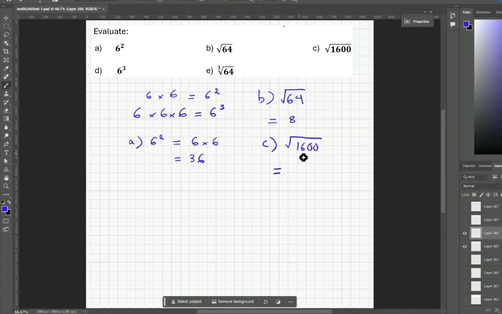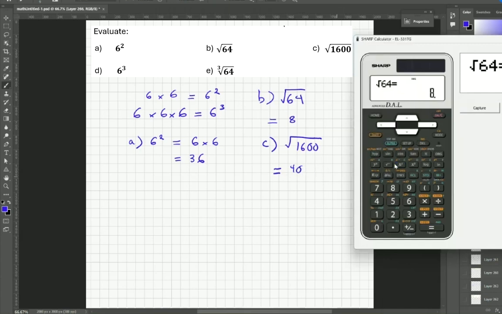So we know that 40 times 40 is going to be 1600. So this is equal to 40. And again, you can check with your calculator by going square root of 1600, which is just equal to 40.